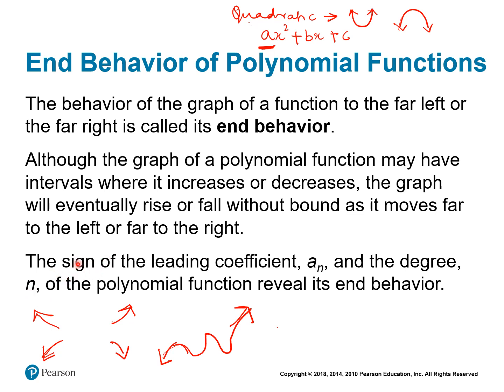So this says the sign of the leading coefficient a sub n, same as what we did for quadratic functions. We looked at the coefficient of the leading term, so the sign associated with a, but here we also look at the degree n, degree meaning the exponent of the leading term of the polynomial function, reveal its end behavior.